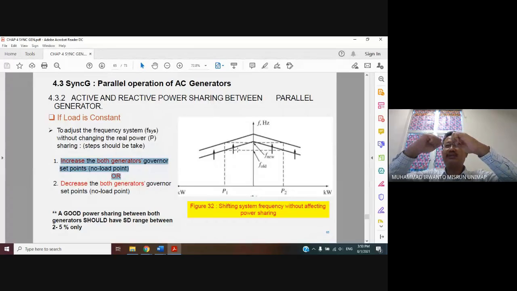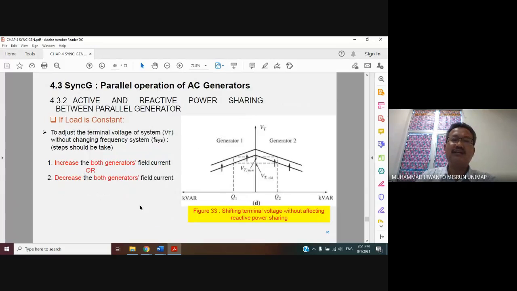If you want to decrease or increase the frequency, we have the old frequency before and the new frequency after. It is the same for the terminal voltage if you want to maintain the load constant: the terminal voltage of the two generators before is the old terminal voltage, and for the new condition we have the new terminal voltage for both synchronous generators.